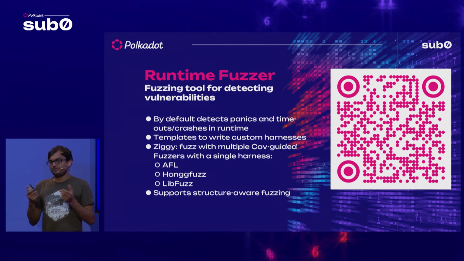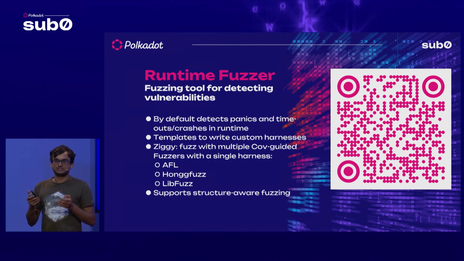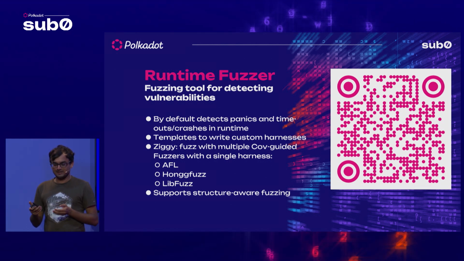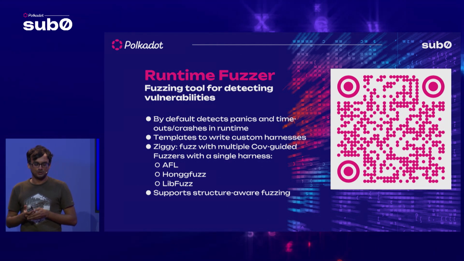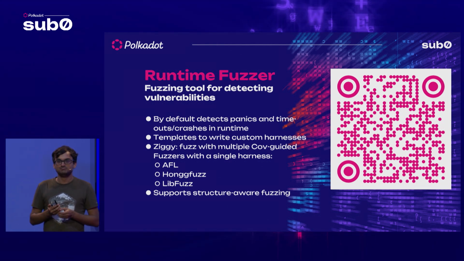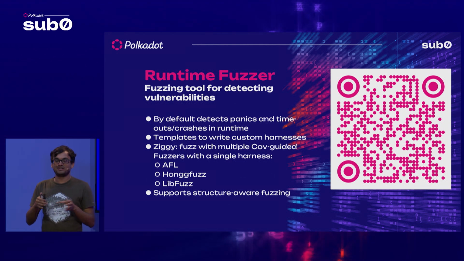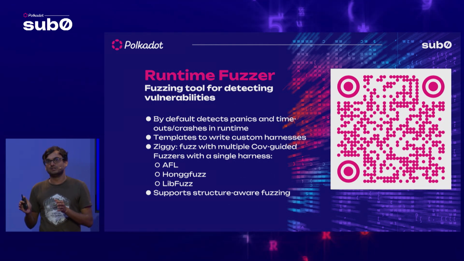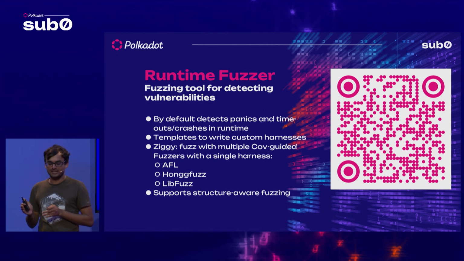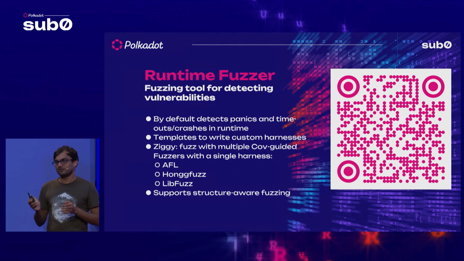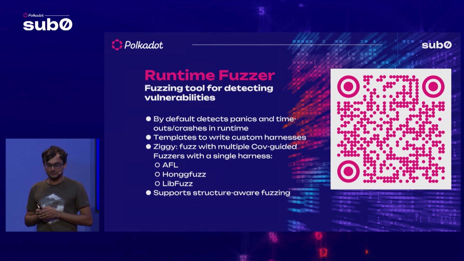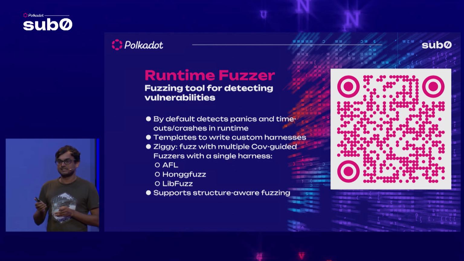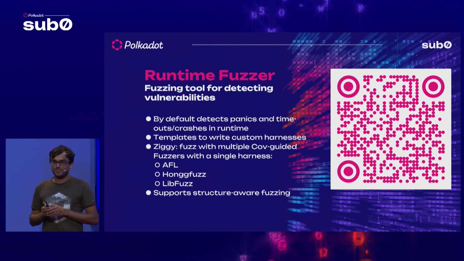The way this tool works is it uses another tool by SR Labs called Ziggy in the background. Ziggy is basically an amalgamation, or a layer on top of other core fuzzing engines. So you have coverage-guided fuzzing engines like AFL, an abbreviation for American Fuzzy Loop, Honggfuzz, a fuzzer developed by Google, and LibFuzzer.